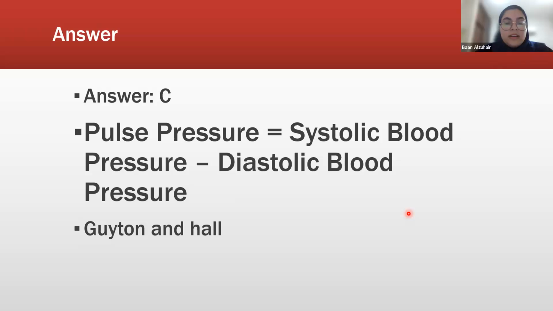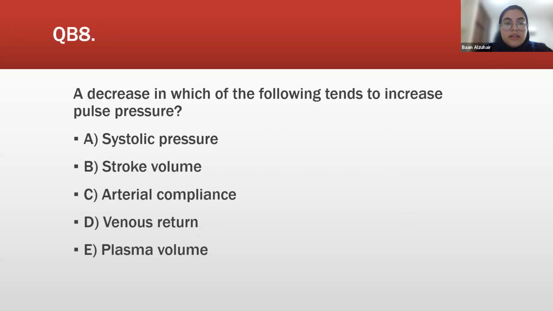Can you go back to the question? So a decrease in arterial compliance means vasodilation, means the artery is able to accommodate more blood. Like let's say 10 milliliters of blood in your artery over here is not the same as 100 milliliters.